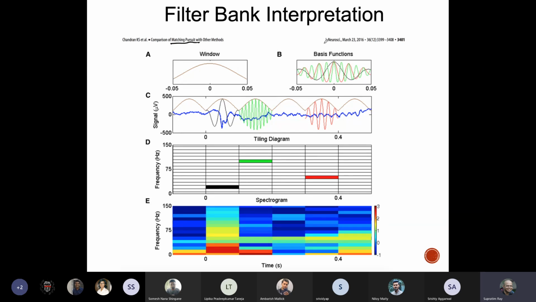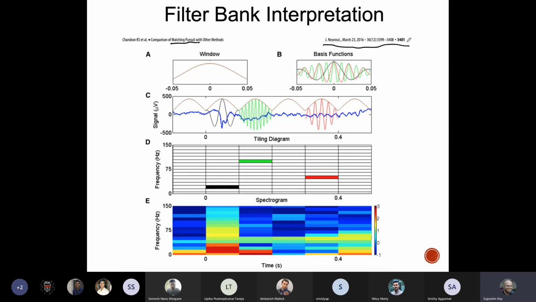So if you read this, it's a very easy to understand paper. It's meant for biologists who haven't done much signal processing at all. So you'll find the stuff is what I'm telling you in class today. Reading this paper will really help.